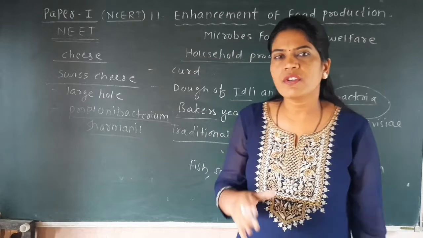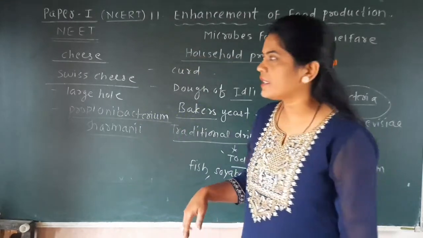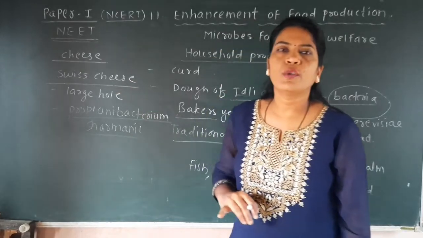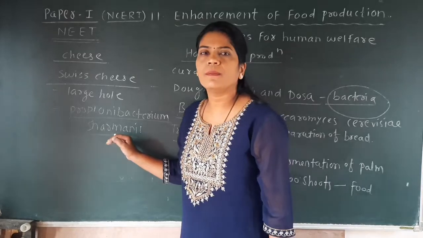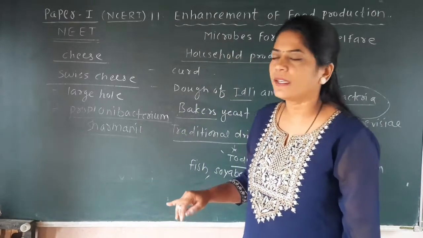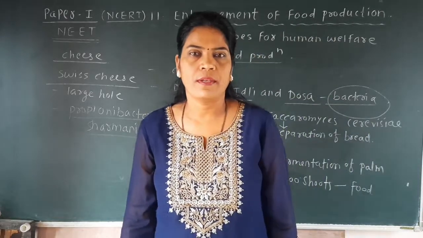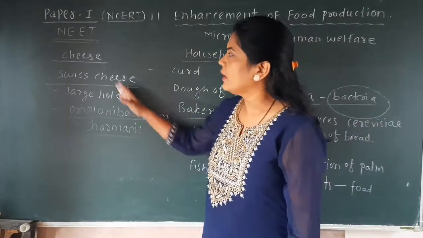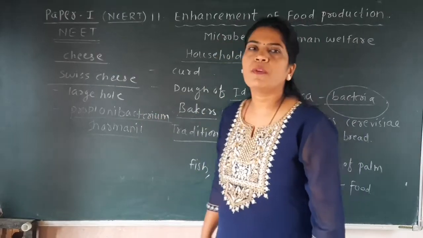Or in a match the column question, one column has the names of different cheeses, one is Swiss cheese, and you have to choose the answer from the other column, where the name of that microbe, Propionibacterium sharmanii, will be there. So you have to remember the link between Swiss cheese and Propionibacterium sharmanii, which is responsible for production of that cheese.